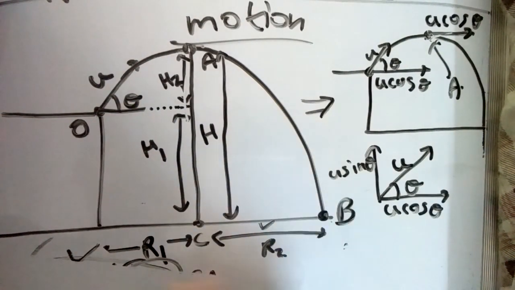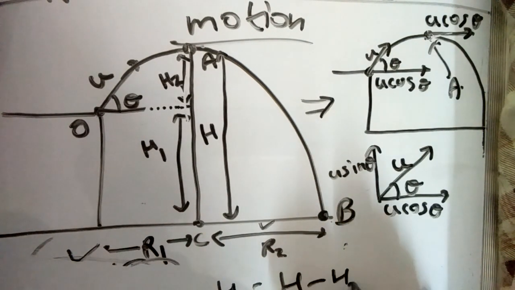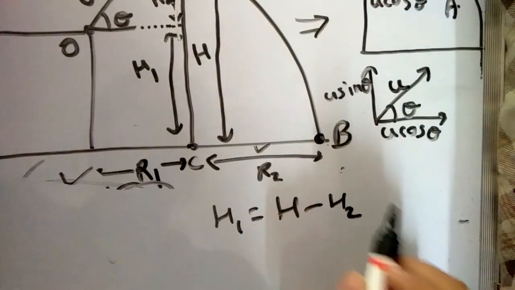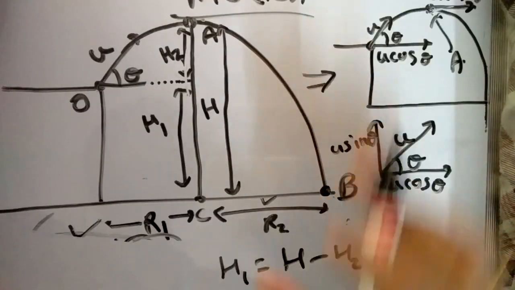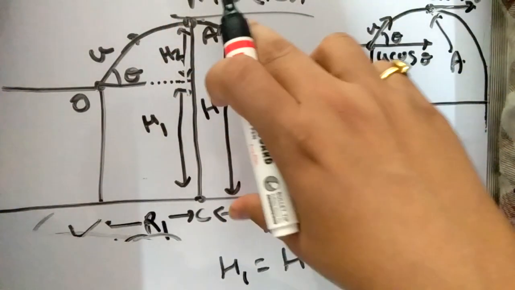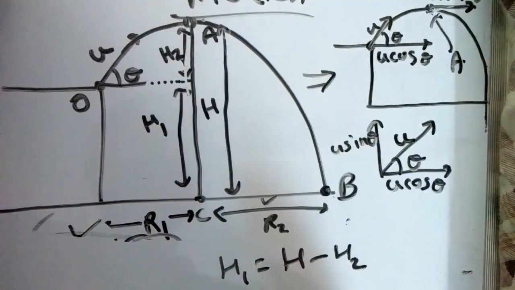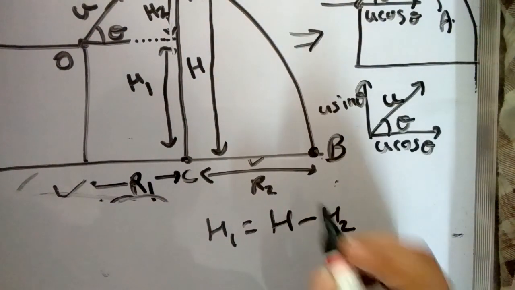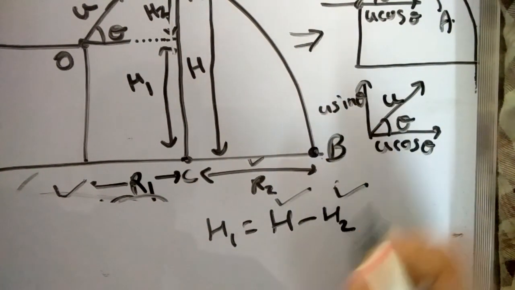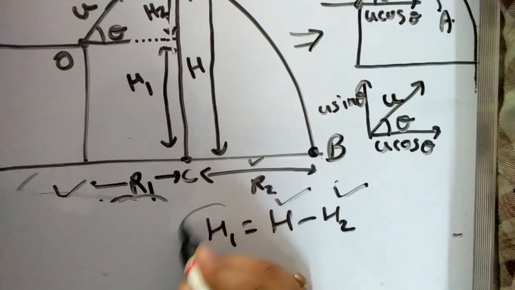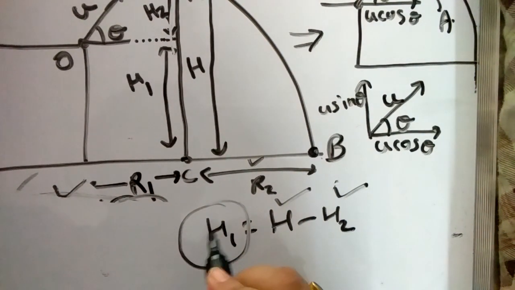So how can we calculate h1? H1 is h minus h2, because h is the total height and this is h2. If you do h minus h2, you will get h1. We got h and we got h2, so subtracting both of them, we got h1, which is the height of the cliff.